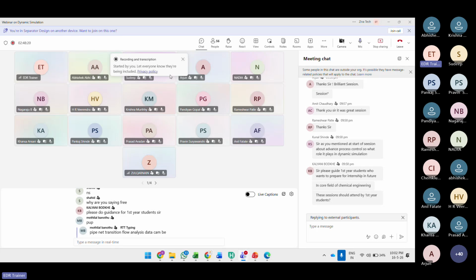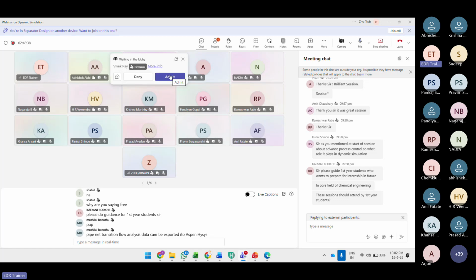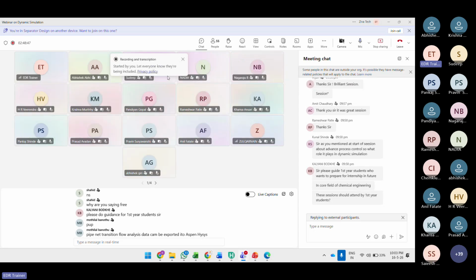You give those production or energy objectives to the APC, and rather than the operator, the APC starts giving commands to the process control: now, since this is happening, you should operate this way. So there is no delay in the response to these fluctuations, and the plant runs smoothly at its best point. That is the idea of having APC.